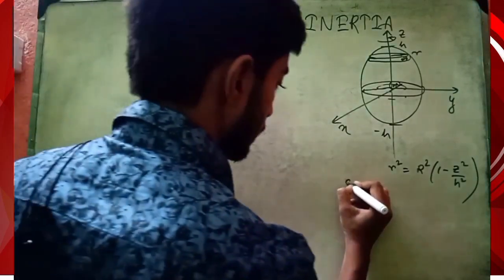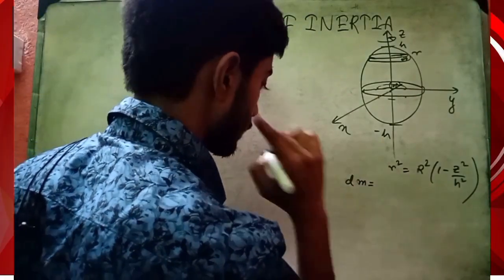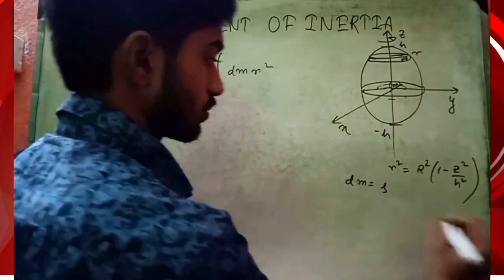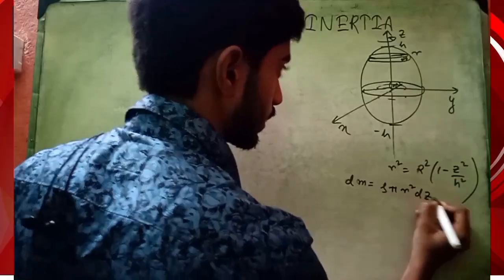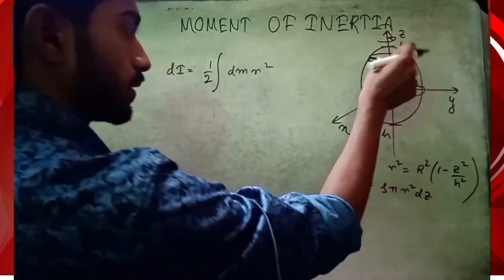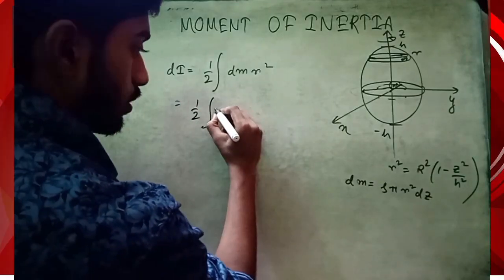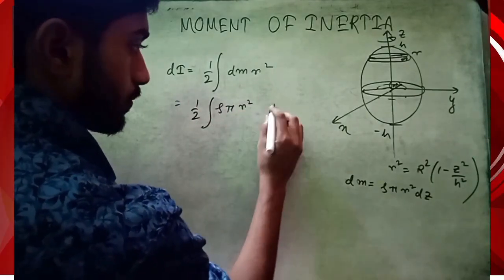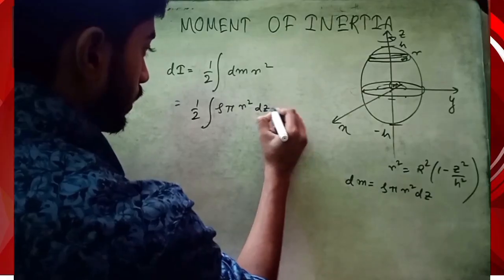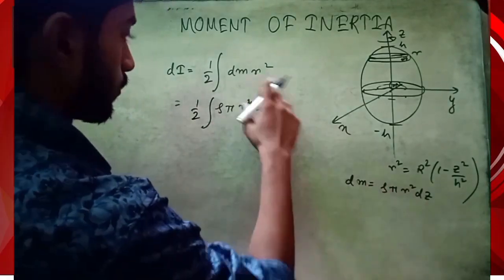So what is the value of dm? We know that r square is this. dm is simply rho into pi r square dz, where this breadth is dz and the radius of this elementary part is r. So half integration dm gives half rho pi r square dz, which is rho pi r to the power 4 dz.